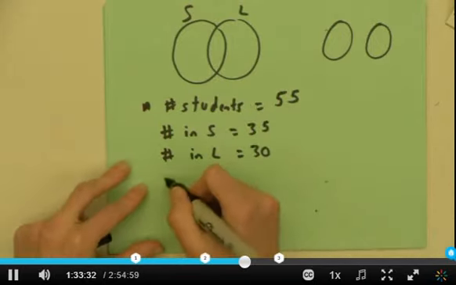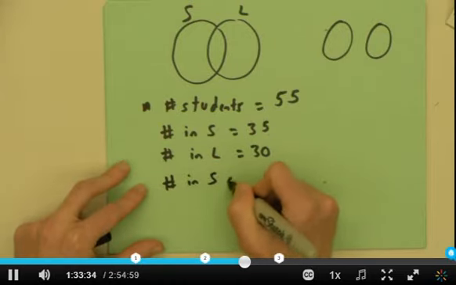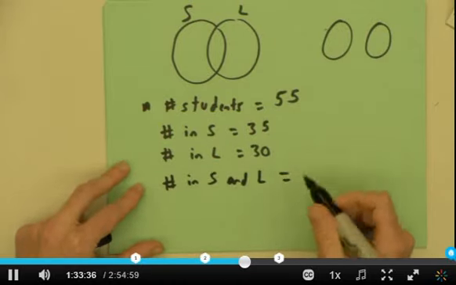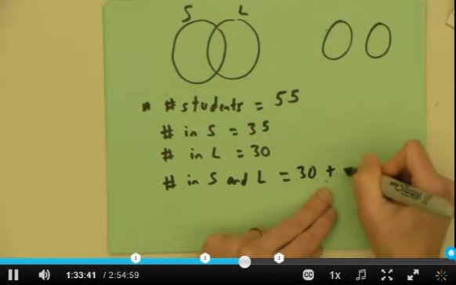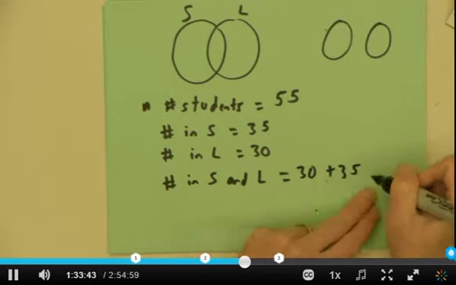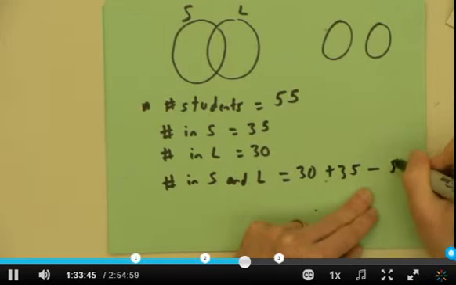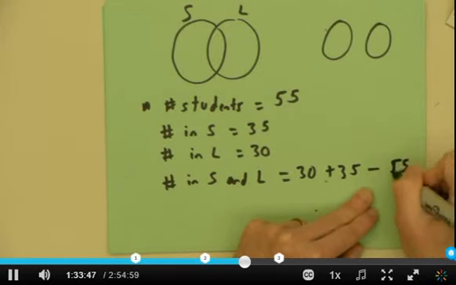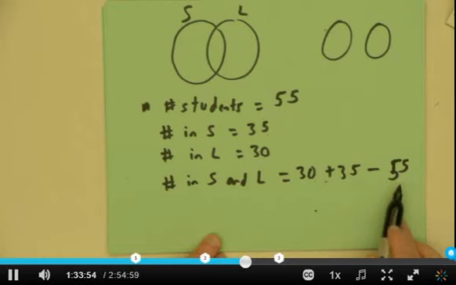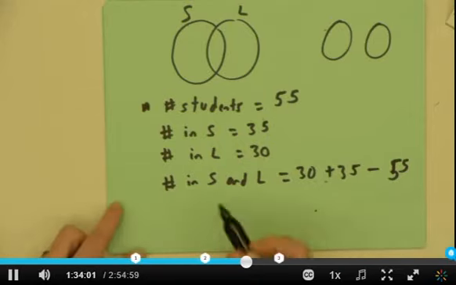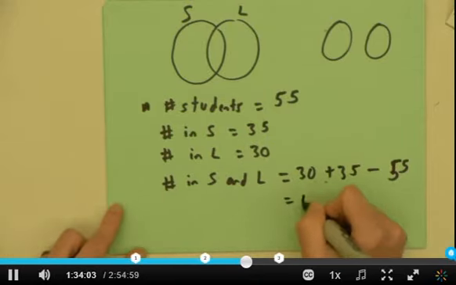So the number in S and L is 30 plus 35 minus 55, right? It's the number in the first group plus the number in the second group minus the total between them. And so that must be 10.